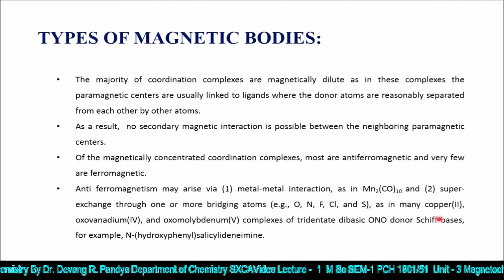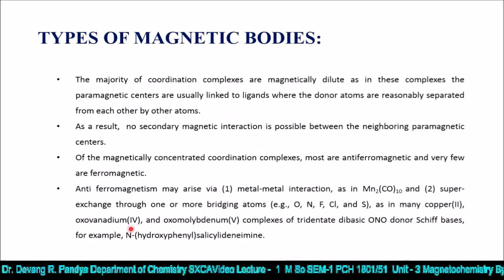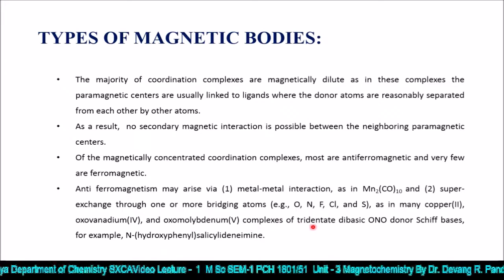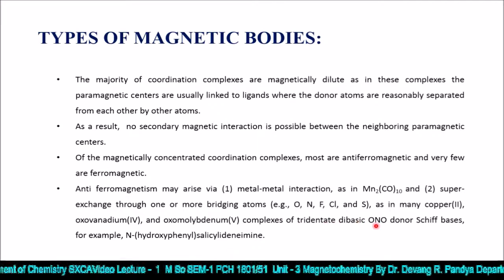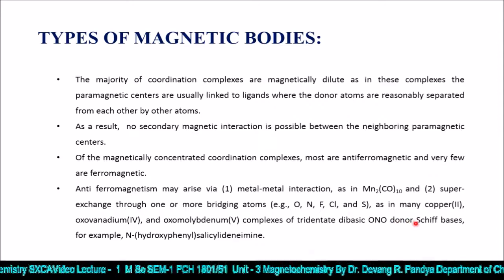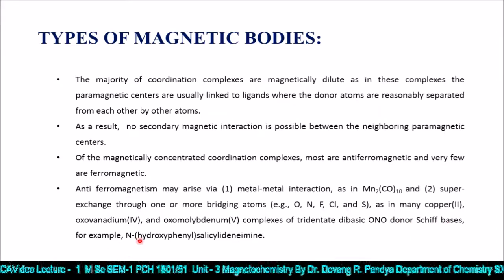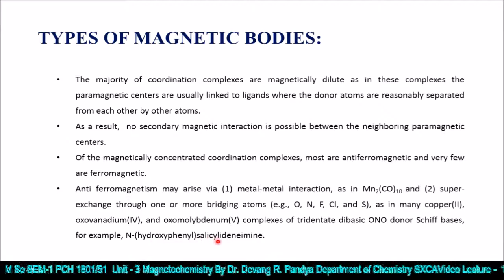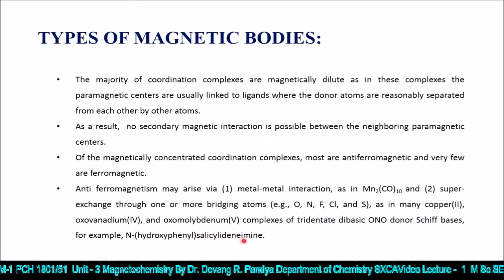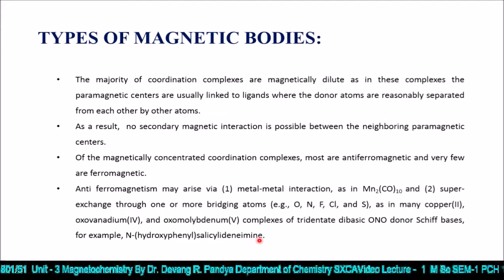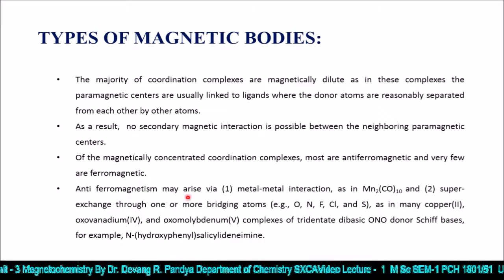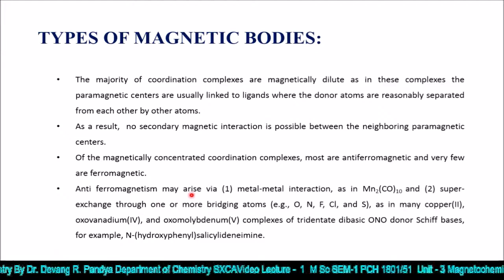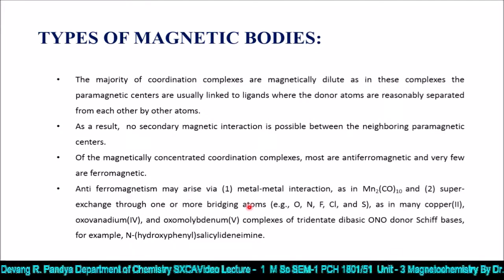As in many copper(II), oxovanadium(IV) and oxomolybdenum(V) complexes of tridentate dibasic O and O donor Schiff bases, for example N-hydroxyphenyl salicylamine is an example of this antiferromagnetism and its activity rise in such kinds of complexes.